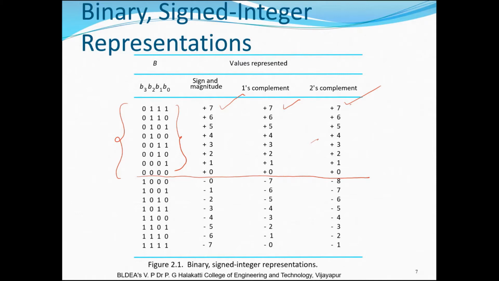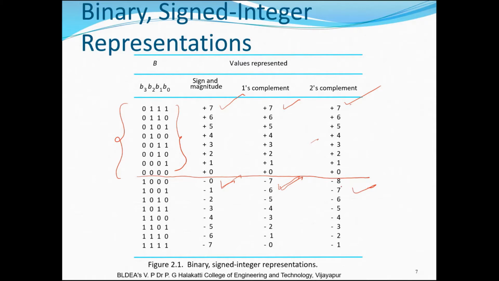The three systems differ only when the negative number has to be represented. So in sign and magnitude the negative number representation is different, in 1's complement it is different, in 2's complement it is different.